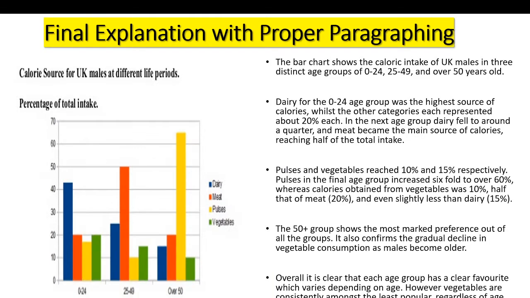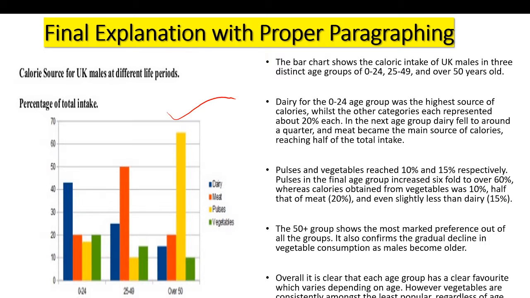So final explanation with the proper paragraphing. Guys, in last clips I made you understand with the other information, means I described each information with different paragraphs. Now I would like to present you a final answer of a graph. First of all, you need to understand this one bar graph: the calorie source for UK males at different life periods, the percentage of total intake.